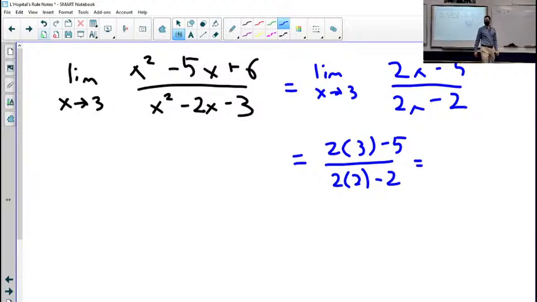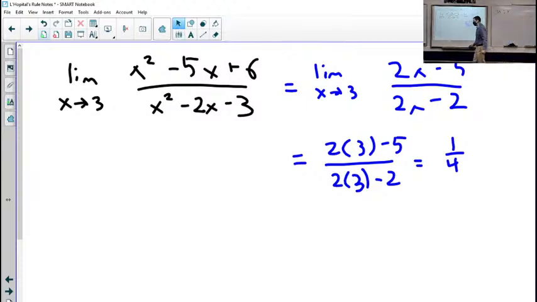Now I should be able to plug in 3, and let's see what we get. 2 times 3 is 6, minus 5 is 1. And then 2 times 3 on the bottom, there we go, put in 3 instead of 2. 2 times 3 on the bottom is 6, and 6 minus 2 is 4, and we get 1/4. It's the same thing.